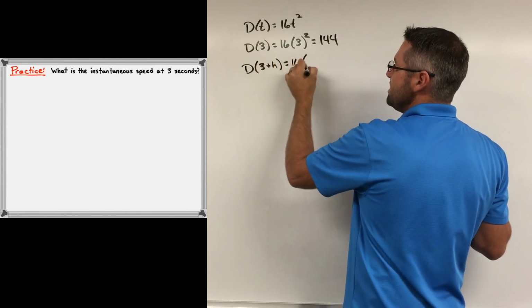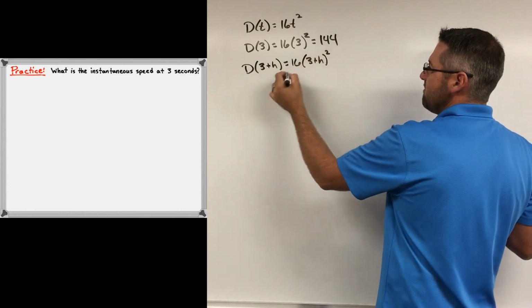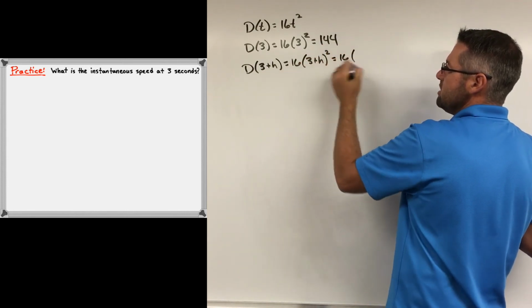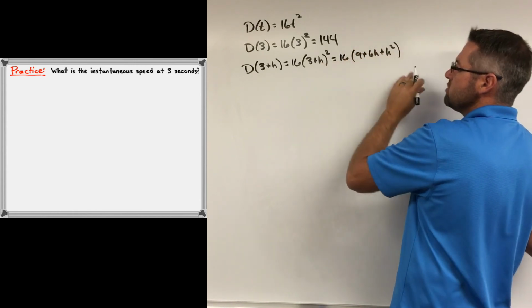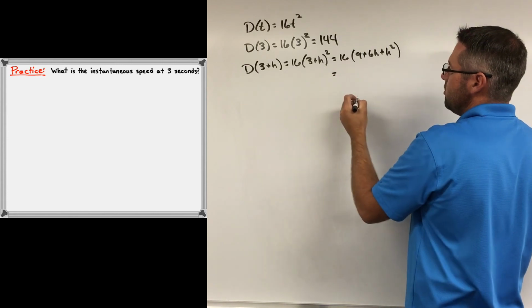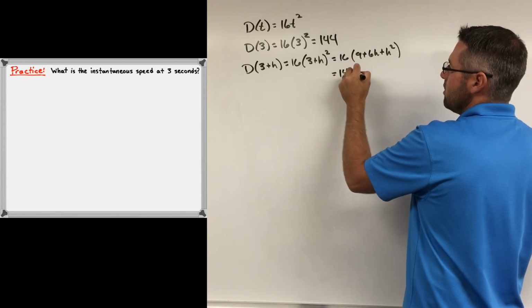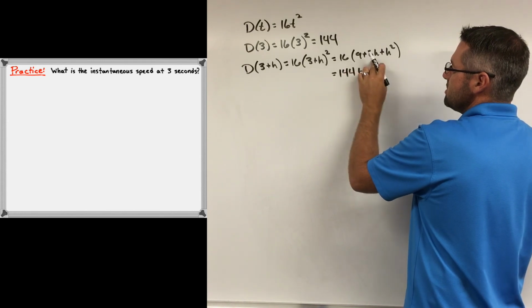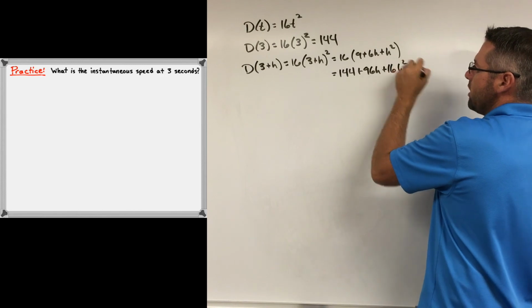So that's going to be 16 times 3 plus h squared. And then that simplifies to 16 times 9 plus 6h plus h squared, just distributing the binomial there. 16 times 9 is 144, plus 16 times 6 is 96h, plus 16h squared.